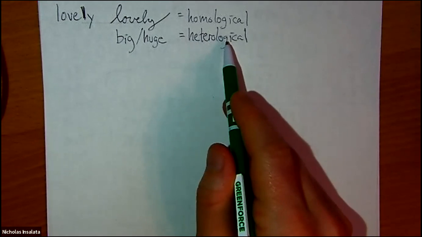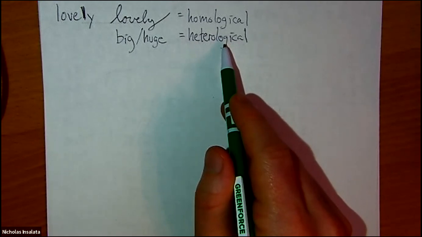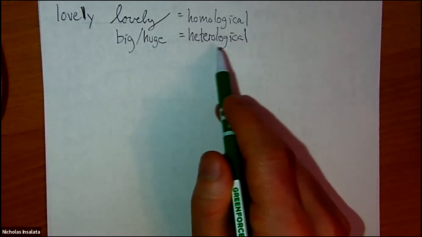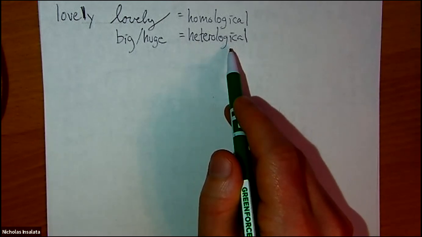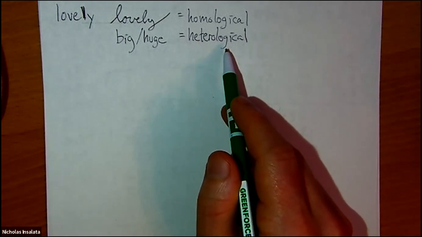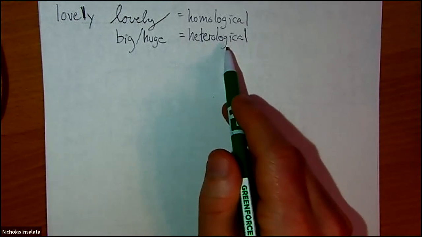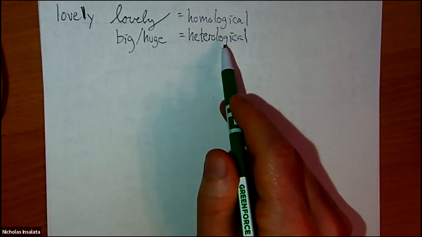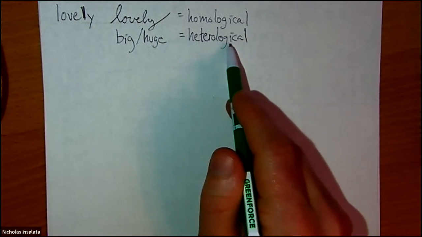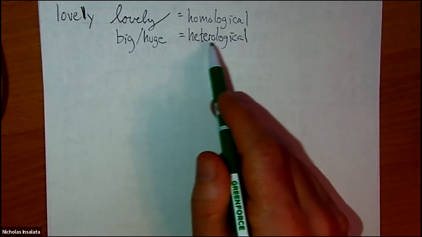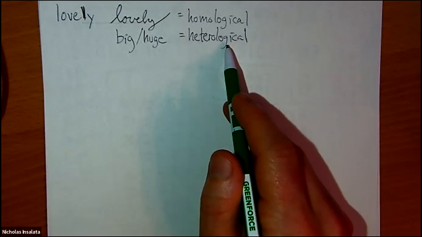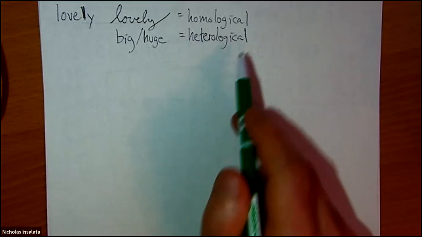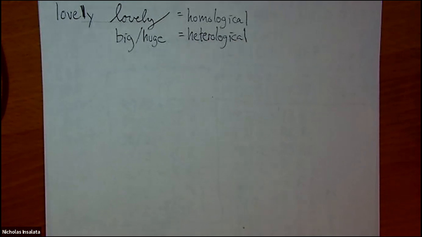If heterological is in fact heterological, then it is different than its own description, right? But I just said heterological is heterological. That means it's the same as its own description. So that doesn't work, right? And what if I say that heterological is false? Well, that means that it's not its own description, which is precisely what heterological means, right?